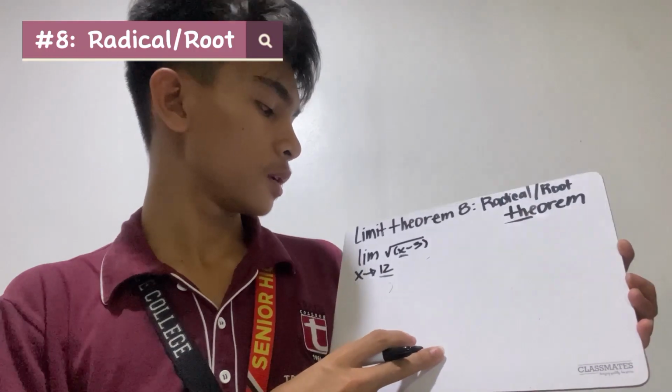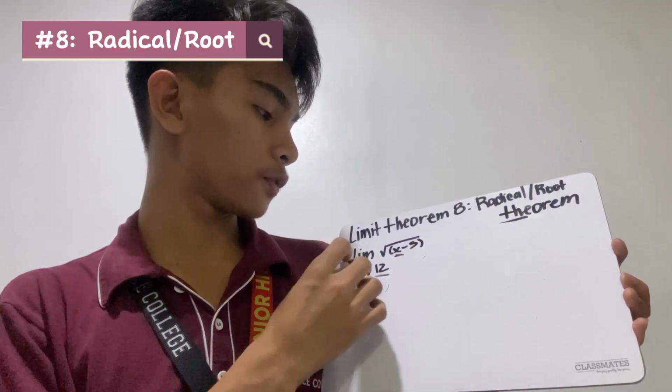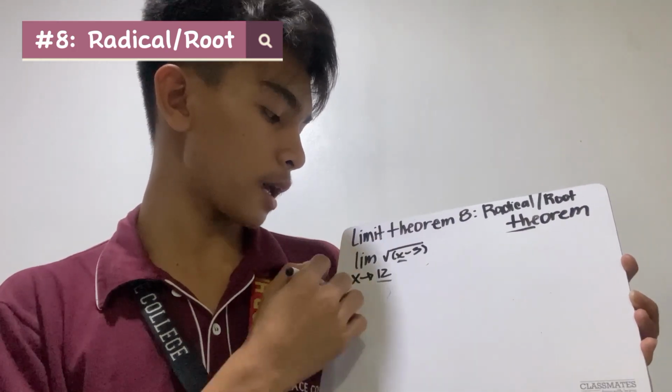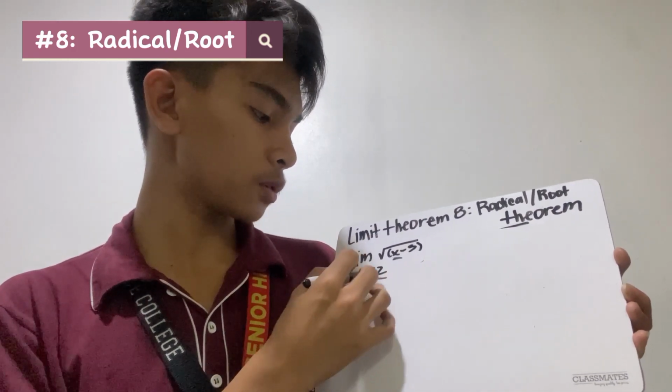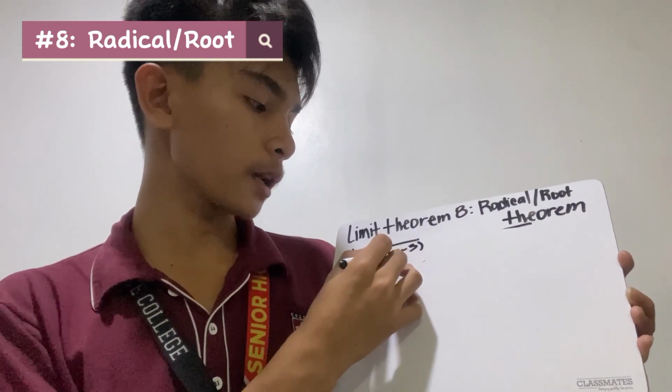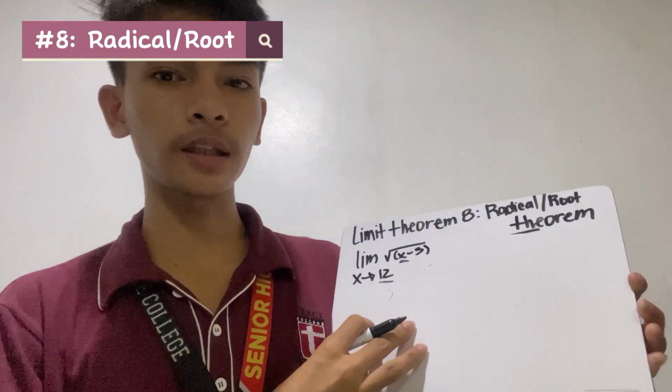Meron tayo ditong the limit of the square root of x minus 3 as x approaches 12. Itong 12 na to, ilalagay lang natin siya dito sa x. Substitute lang natin siya.